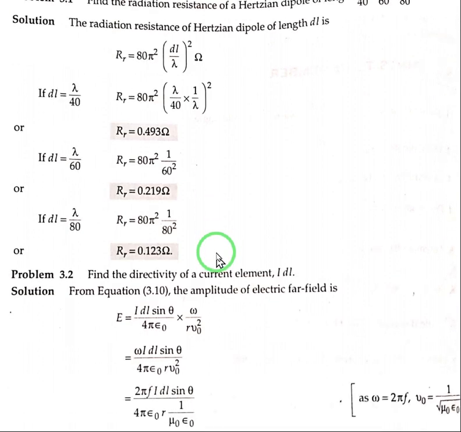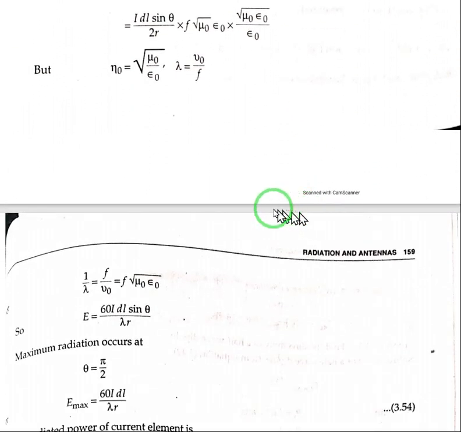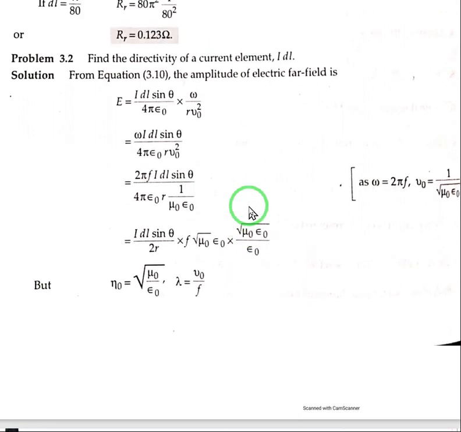Okay, another question we will discuss. In this question, we have to find the directivity of a current element I dl. That is, we have to derive the directivity of the current element.